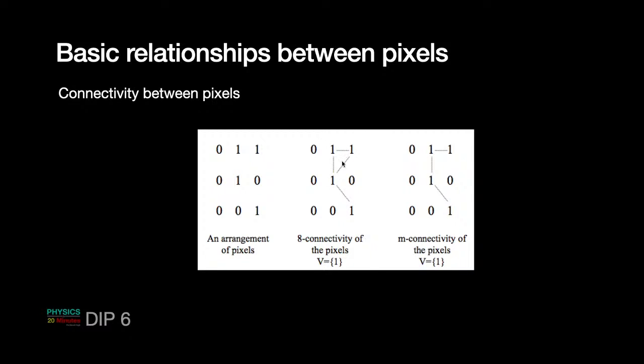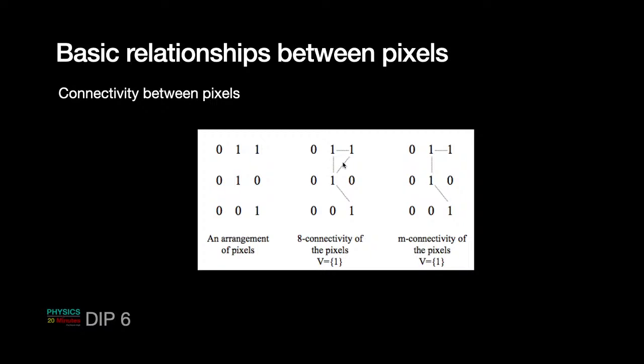While there is one more connection that occurs here. So this one, forget about this, this one and this one are connected in two ways. One is strictly 4 connection, so this way and this way, and another is the 8 connection, which is this way. So these are double connections.